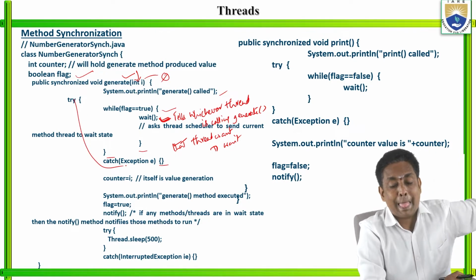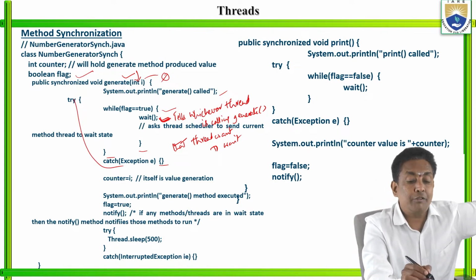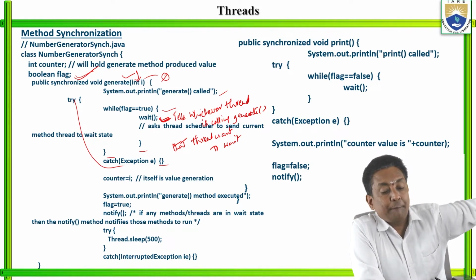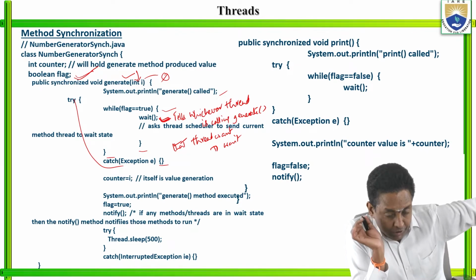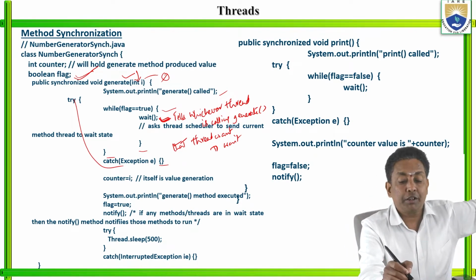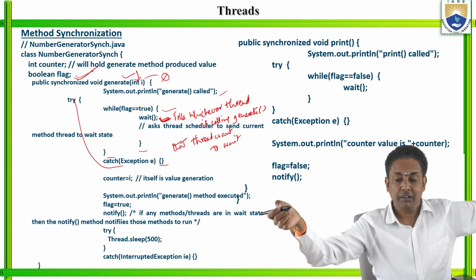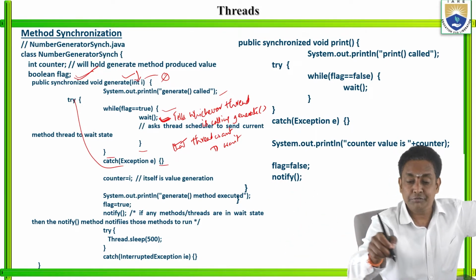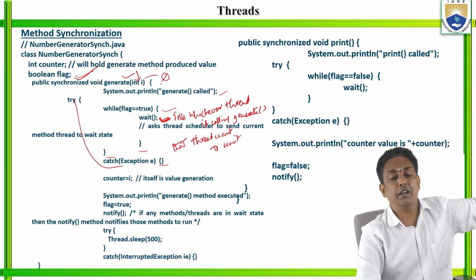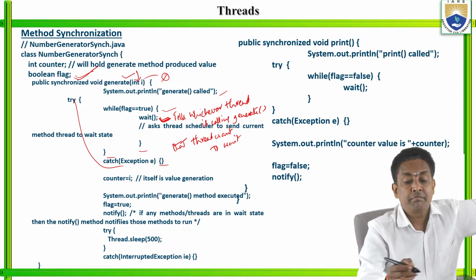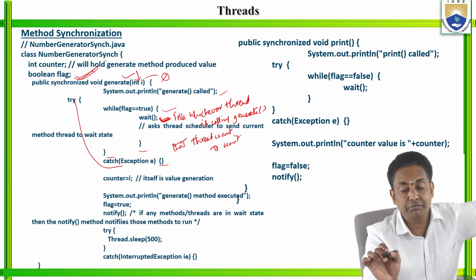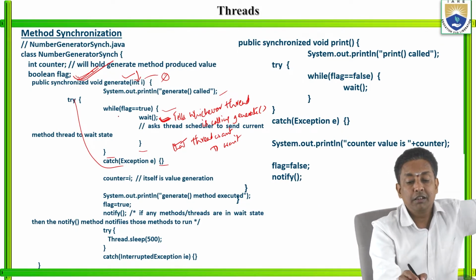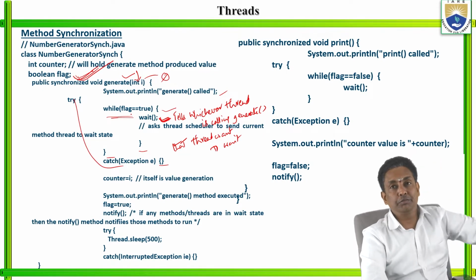That is how the while loop is closed, the try block is closed, and the catch is closed here. But tell me, what is the default value of flag? Is it true or false? It's false. The default value of flag is false. The generate method is called first. In the run method's first iteration, first thread, the value is 0 in the generate method, and the flag value is false. It's not true, so this condition won't be successful.